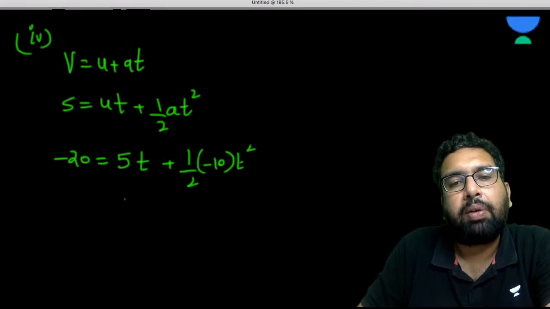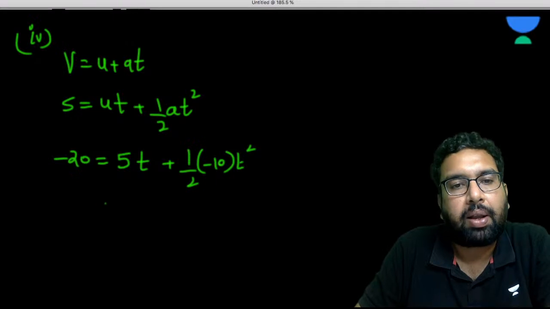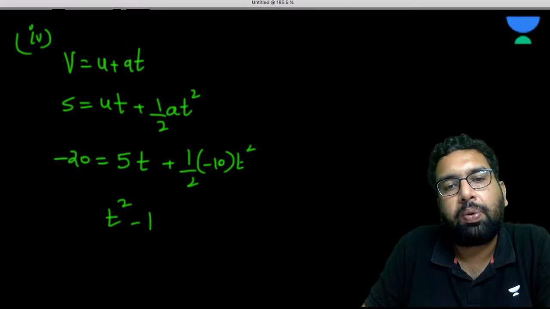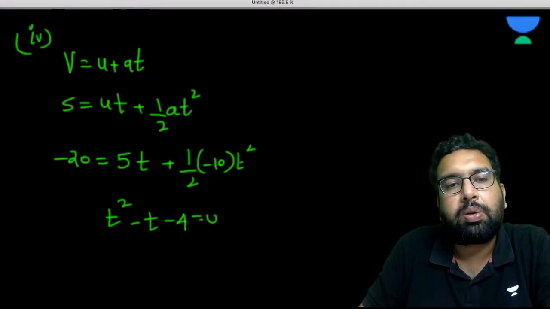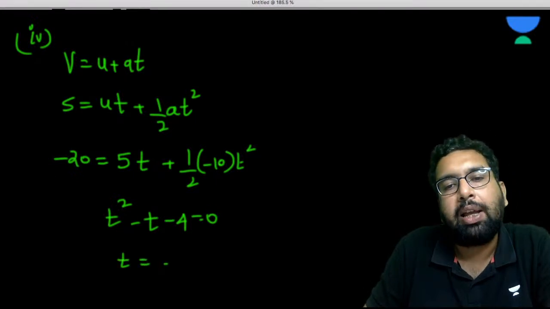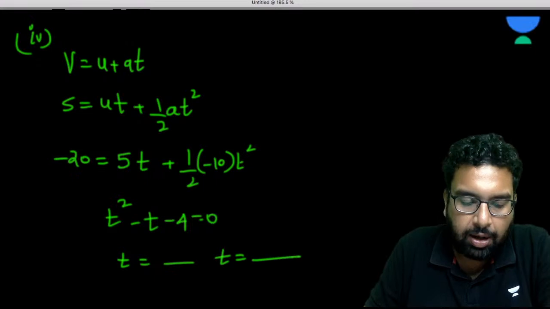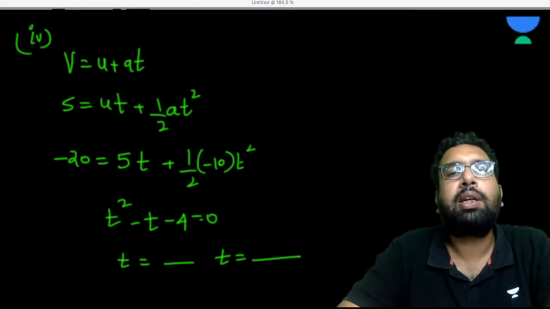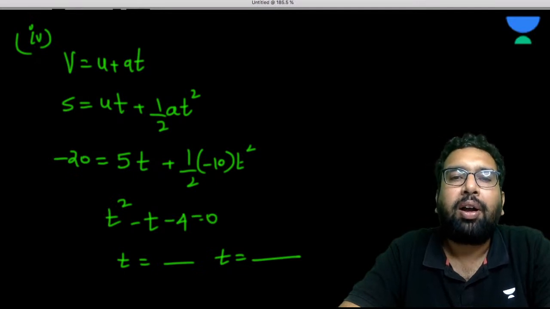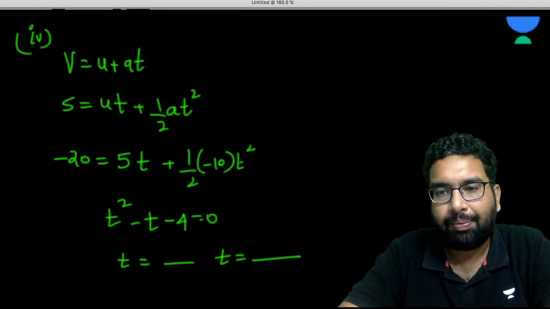From here we get a quadratic equation, and this is going to be t square minus t minus 4 equal to 0. When we solve this, we'll get two values of t. Out of the two values, whichever is the positive value is what you use for your answer, right?